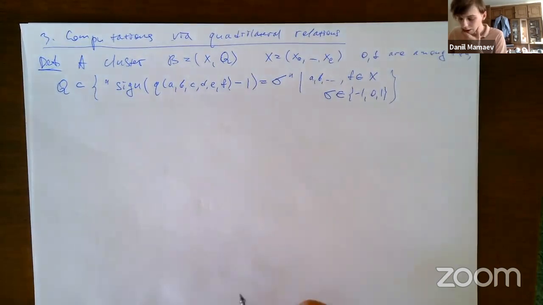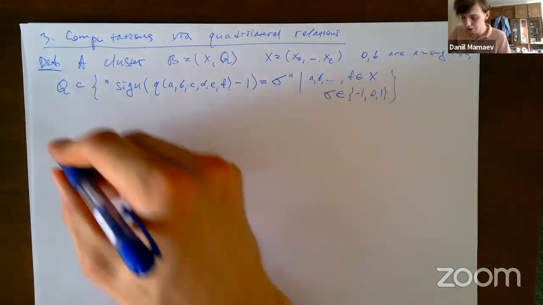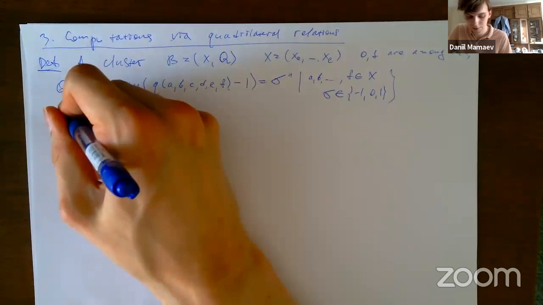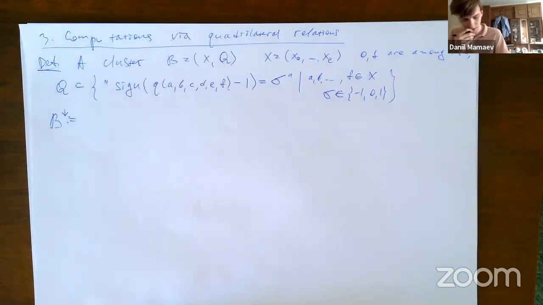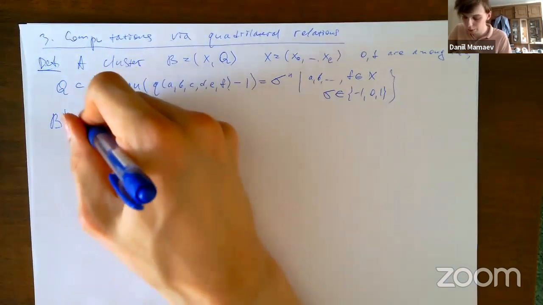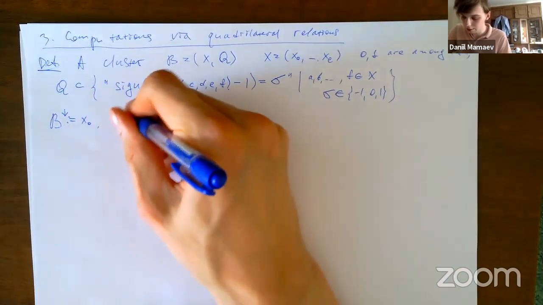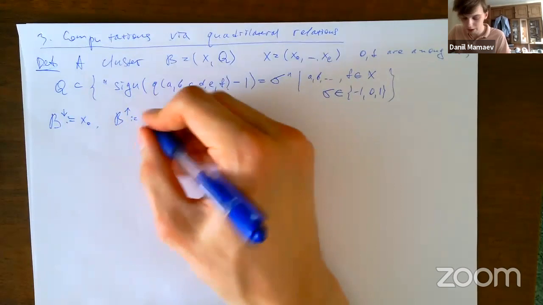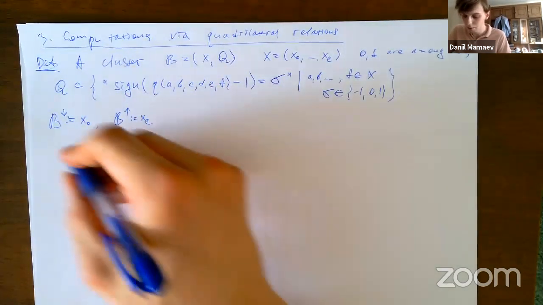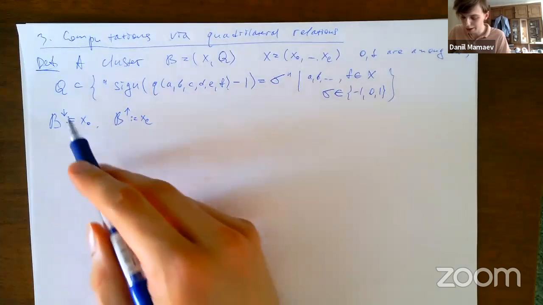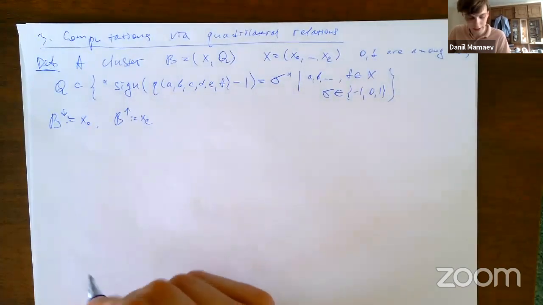Okay, and also let me denote by x0 the smallest element and by xl the largest element. Yeah, this is the notation for B with arrows.